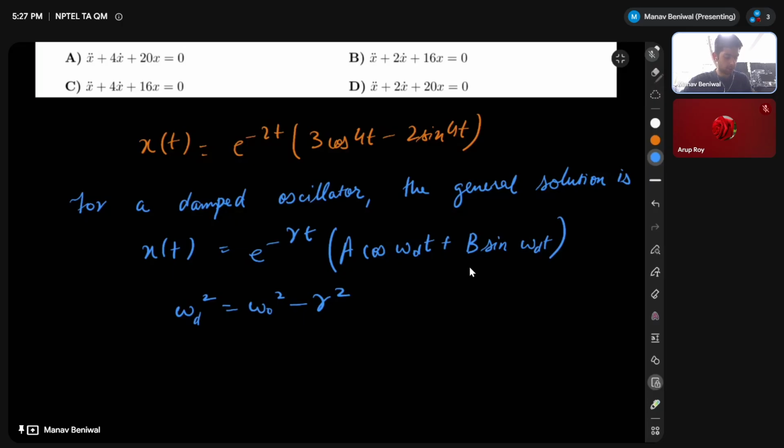So I get this equation of motion. Let me check the answers, and it matches with option A.